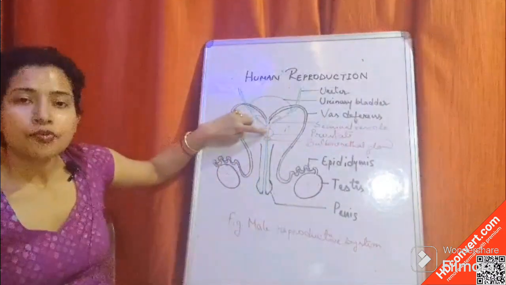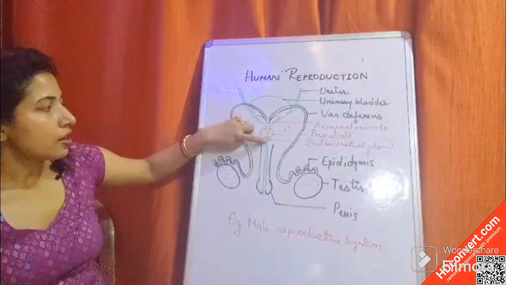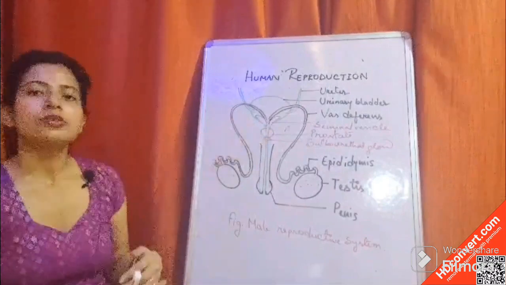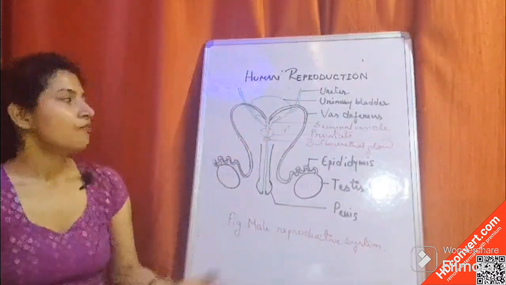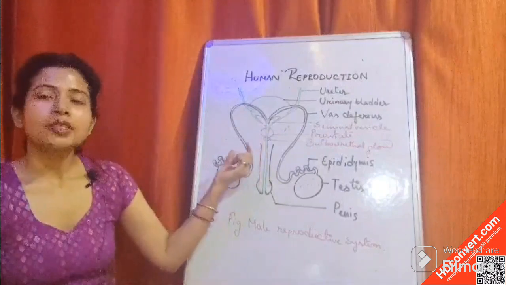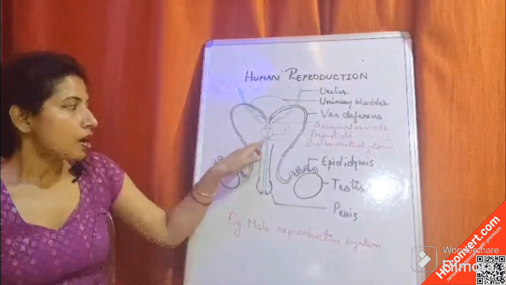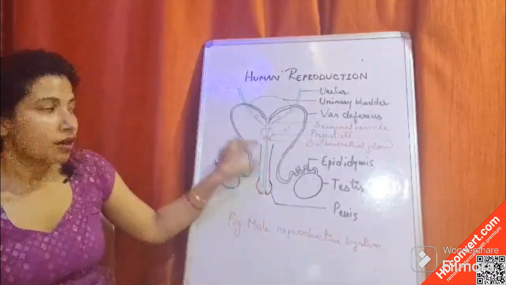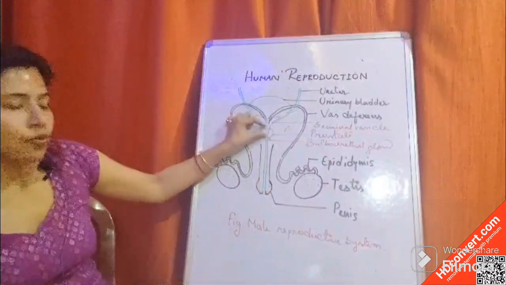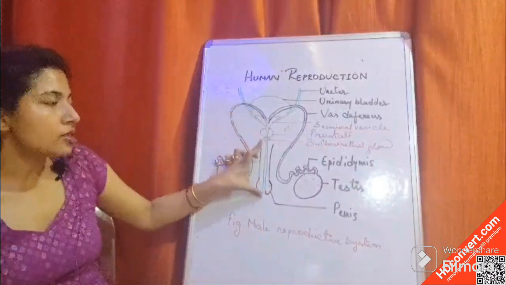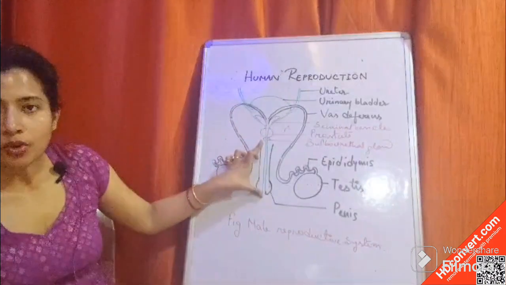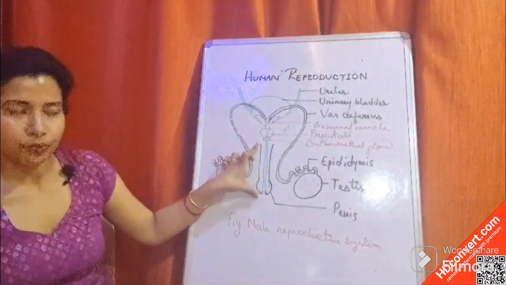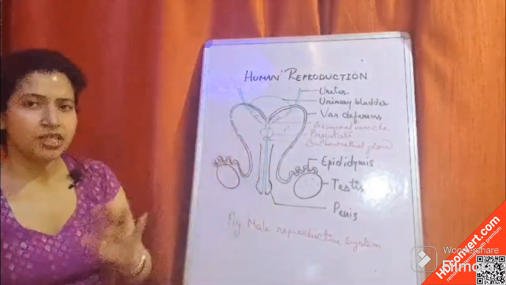Here they get the fluid from prostate gland. After that they reach here and they get the secretion from bulbourethral gland. These three kinds of fluid ultimately nourish the sperms, okay, and sperms get mature. Now this duct is not only urethra. After urethra, this much portion is urethra, and after urethra this long portion is better known as ejaculatory duct, because it helps in ejaculation of sperm also, sperm and urine both, but separately.